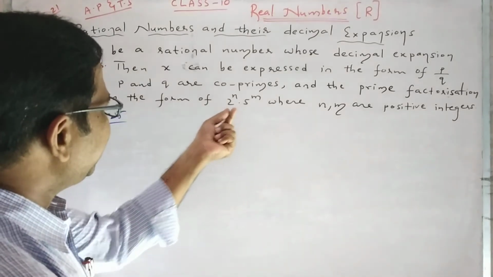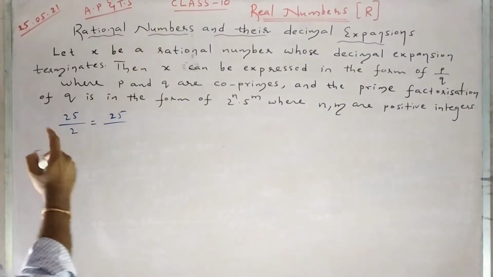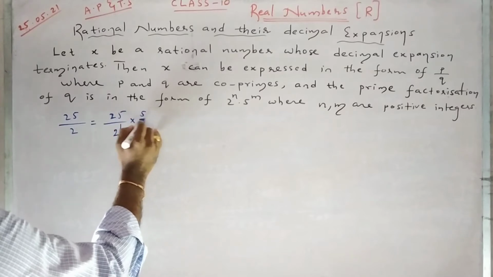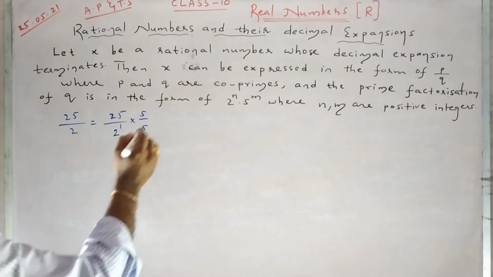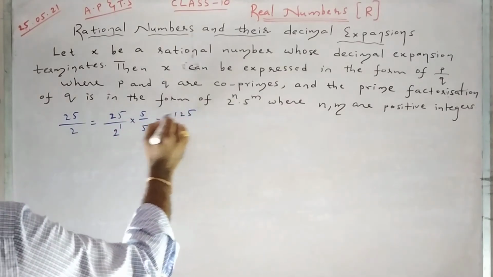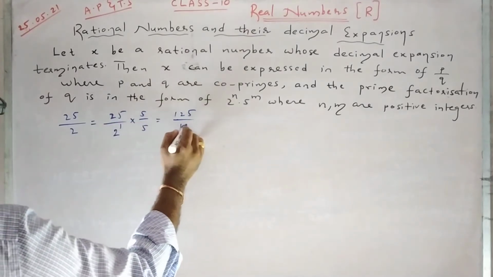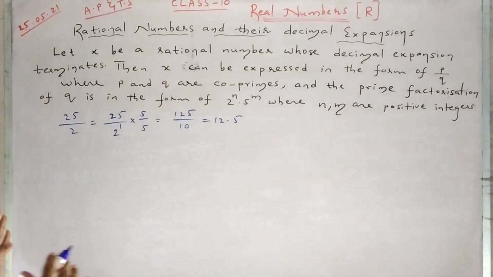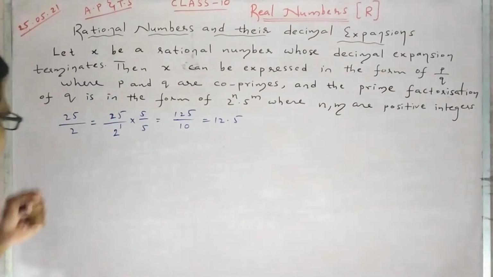Because the denominator has got only powers of 2. That means I can write 2 power 1. So I will multiply and divide with 5. Then this will be 125 by 10. So we can write easily 12.5. Without any division, we can make it decimal form.